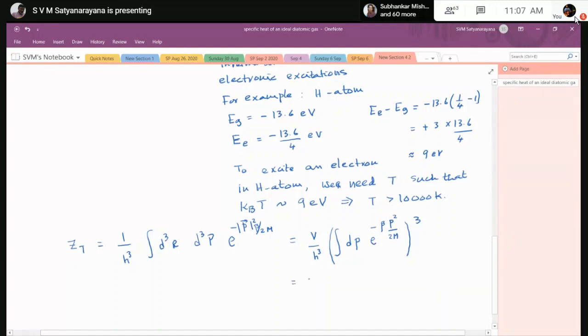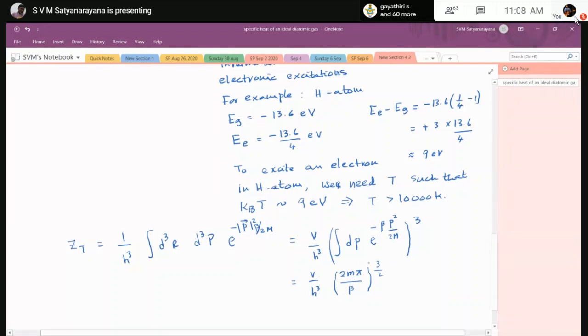So this calculation is exactly the same as what we did in ideal gas. So this is a Gaussian integral, and so 2 pi m divided by beta raised to the power 3 by 2. Okay.